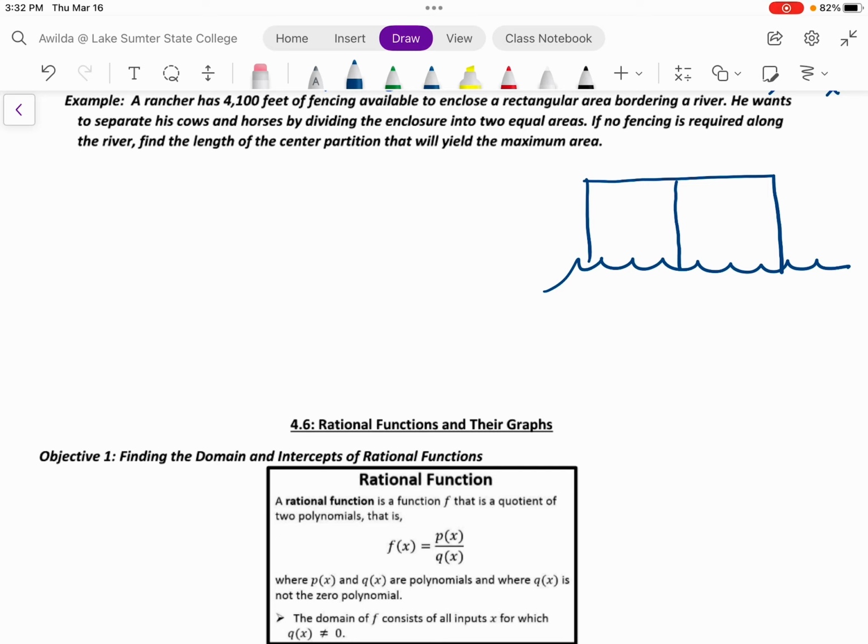So not only will we need fencing here and here, but we'll also need it for the center partition. And all of these are going to be equal length. Now we have 4,100 feet of fencing available for the 3 sides of the rectangle plus the partition in the middle. So at the very top, we'll have 4,100 minus the 3 x's that we've already used up.